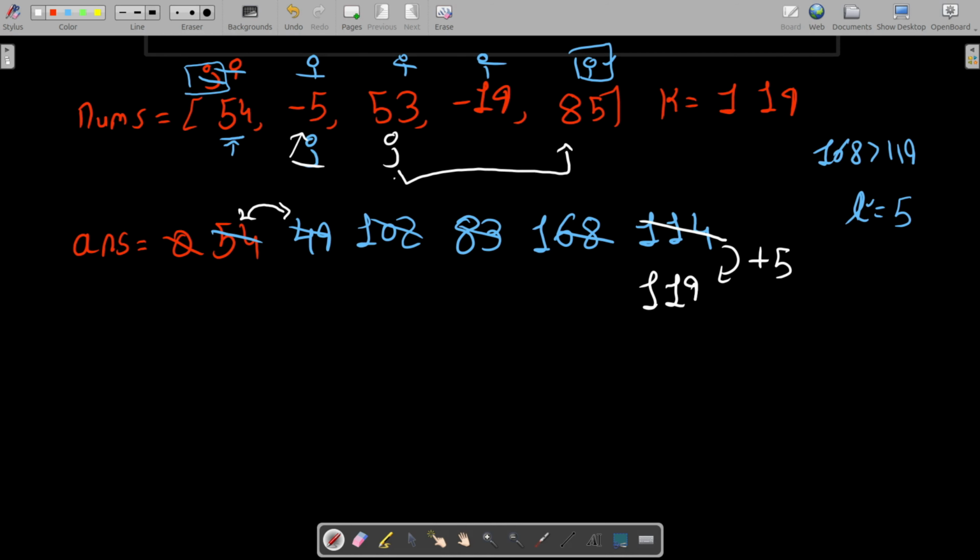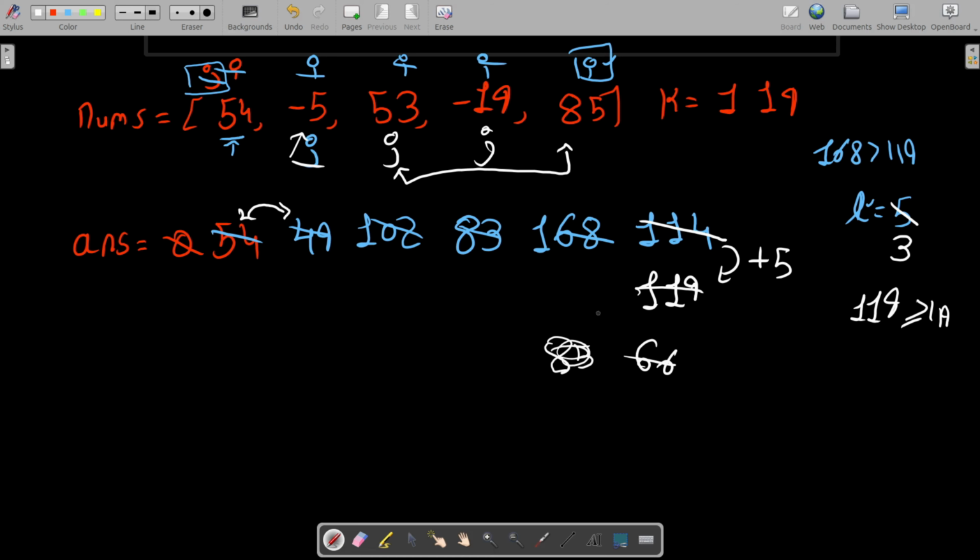So this is our new length, and 119 is greater than or equal to 119. So can I say that instead of 5 we have this as our length, and when we reduce this 53 from 119, our answer would be 66, and j will come here. Then we would add 19 to it, then we will have 85, right?